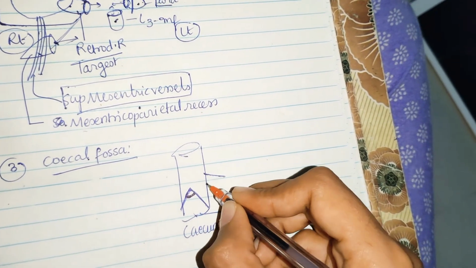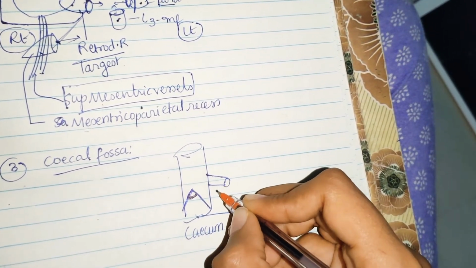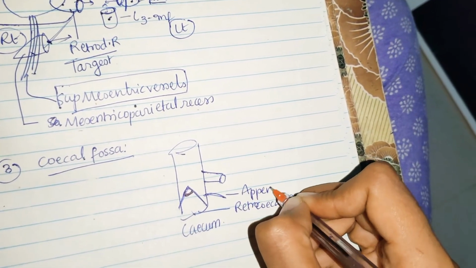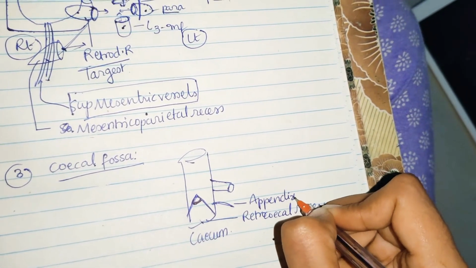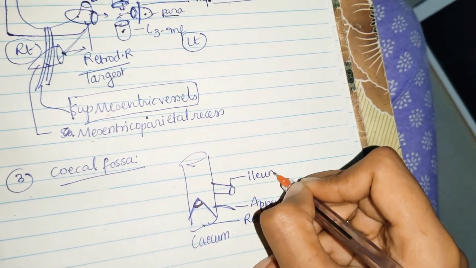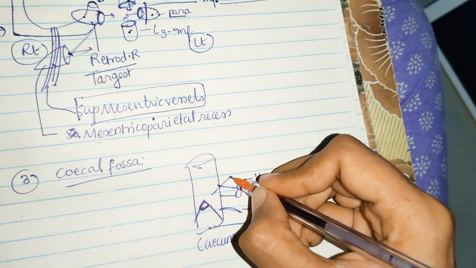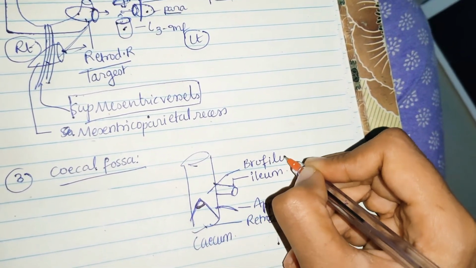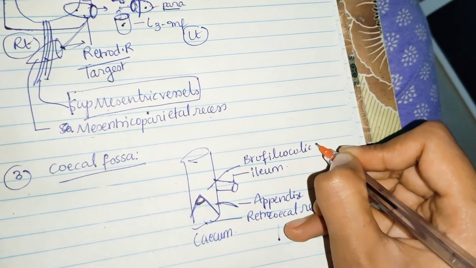Here you have the appendix, this is the ileum. Here you have a branch of the ileocolic artery.